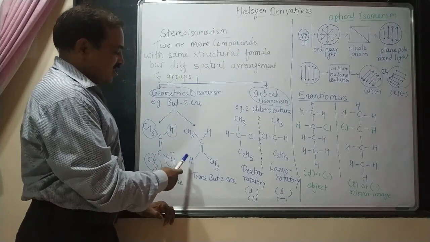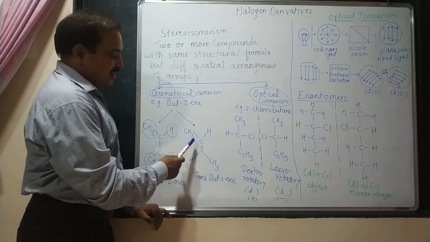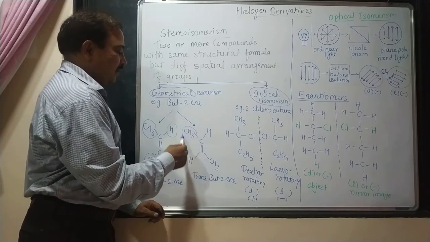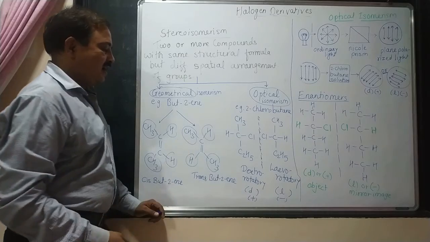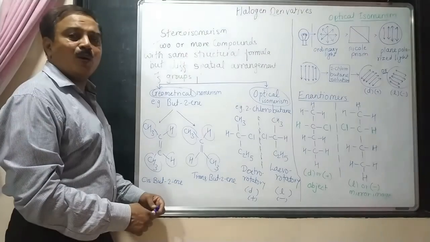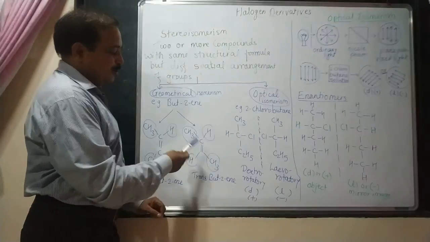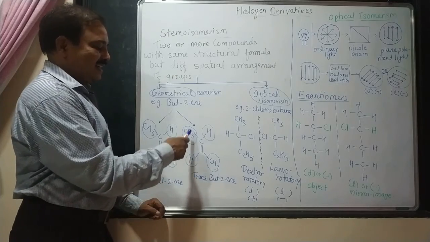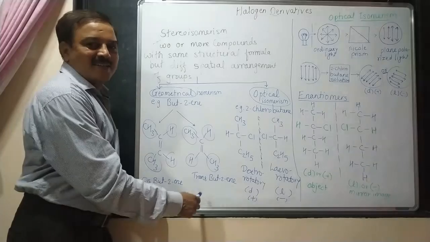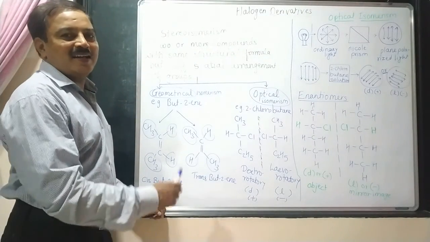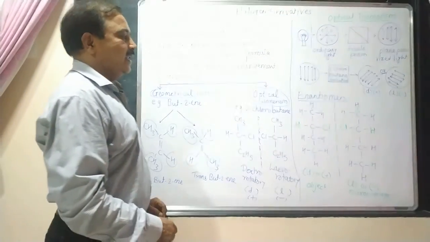Now in the case of trans, the similar groups, for example CH3 and the hydrogen atoms, are present across the double bond opposite to each other, not on the same side. Therefore this isomer is called trans but-2-ene, or the trans isomer of but-2-ene.